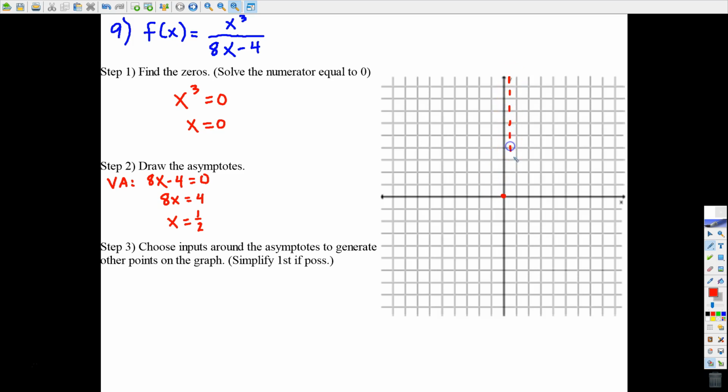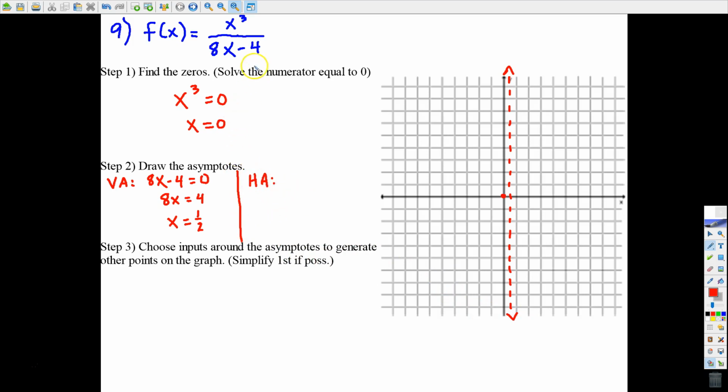And I always do the asymptote lines in dotted line form because they should stand out from the rest of the graph. The rest of the graph should be a smooth curve all around my vertical and horizontal asymptotes if I have them. Well, let's see if we do have a horizontal asymptote.